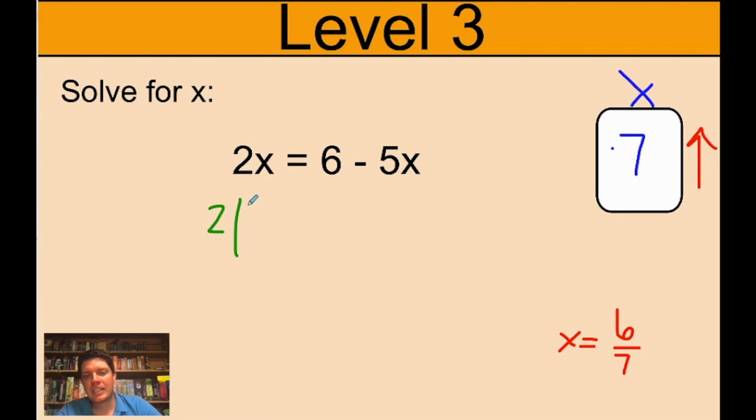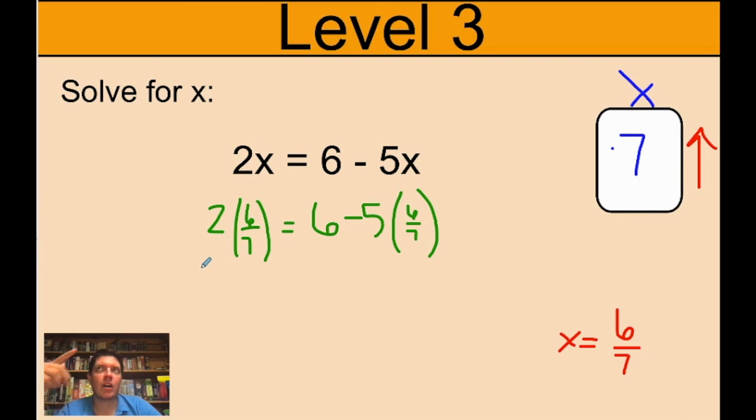So I'm going to replace the x with 6/7 equals 6 minus 5 times 6/7. Feel free to use a calculator. Just remember, on our graphing calculators, anytime you type a fraction with stuff, use parentheses.